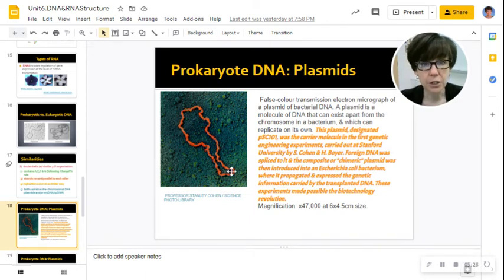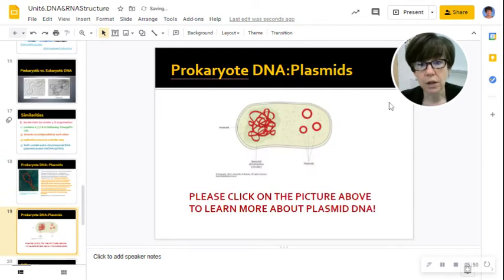In nature, the plasmids can be transferred from one bacteria cell to another in a process called horizontal gene transfer. This is how bacteria cells within the same generation can share DNA and increase genetic variability in their cells. So here's a little bit different picture of it.